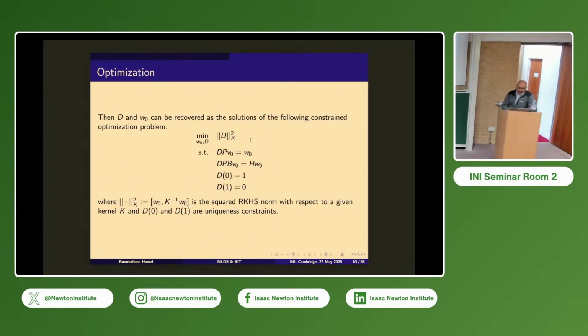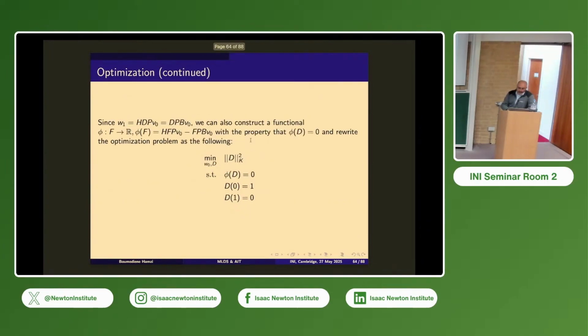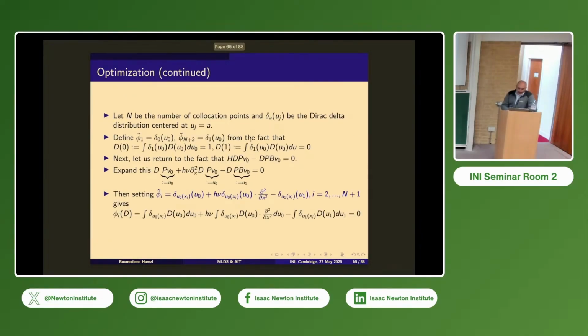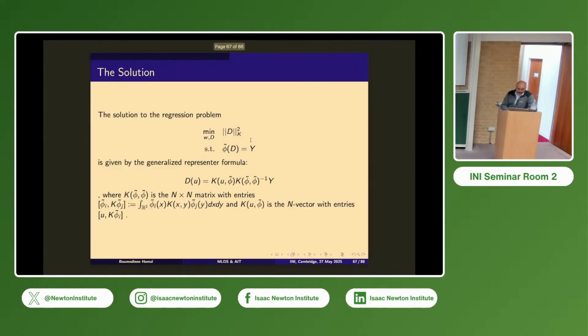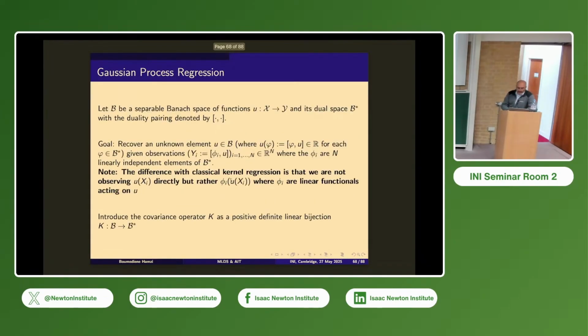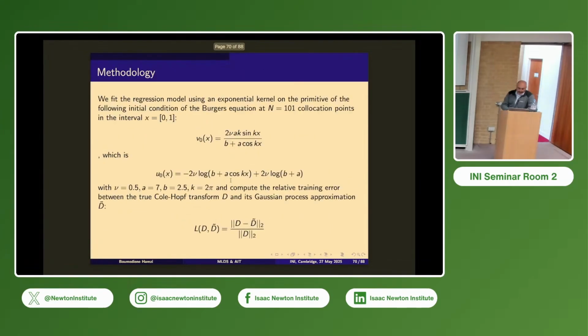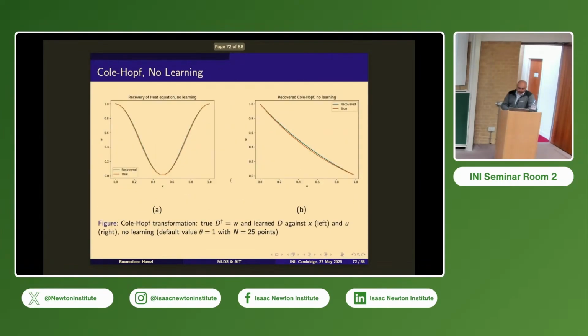We just have to minimize some RKHS norm to discover the transformation, using a generalized representer theorem to find the transformation from data. And this is what we got.